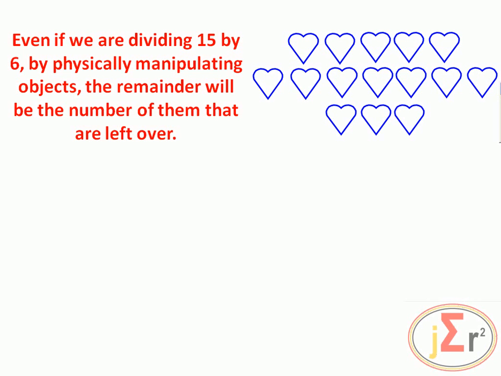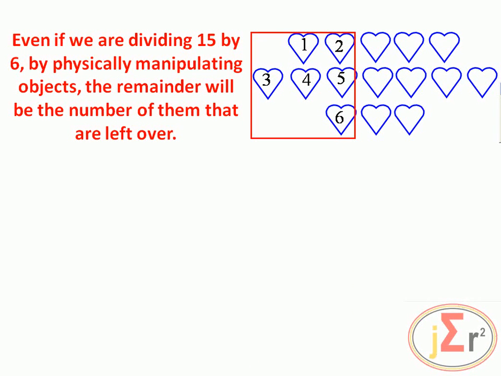So we have 15 objects and we are dividing those objects by 6. Even if we are doing that physically, as we will do in a few seconds, the remainder will be those that are left over. So we have 6 there.